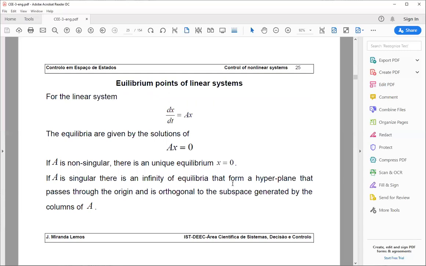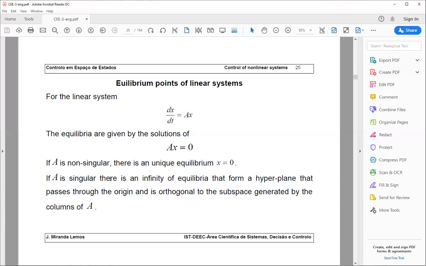Now, suppose that your system is linear. Then the equilibria are given by the solutions of Ax equal to 0. Now, you have to distinguish between two situations, A being invertible or A not invertible. If A is invertible, then you can solve this equation as x equal to the inverse of A times 0, and this means that x equal to 0 is an equilibrium. So if A is non-singular, there is a unique equilibrium point, x equal to 0.